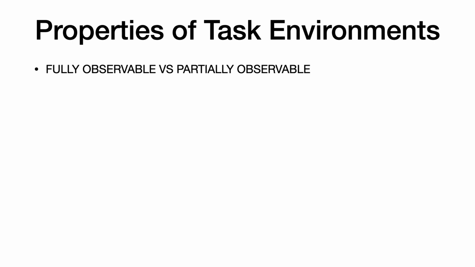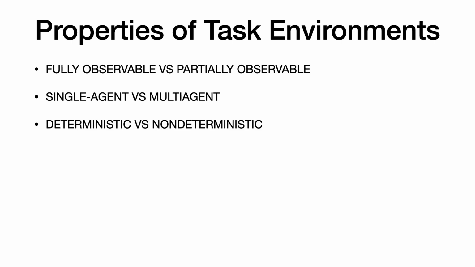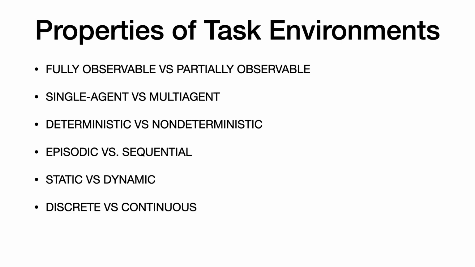The first property is fully observable versus partially observable. I'll discuss the definitions of it. You can have a situation where you can observe completely about the environment or partially. What complete observing is, we'll see shortly. The environment can have a single agent or multi-agent. It can be deterministic or non-deterministic. It can be episodic or sequential. It can be static or dynamic, it can be discrete or continuous, and it can be known or unknown.